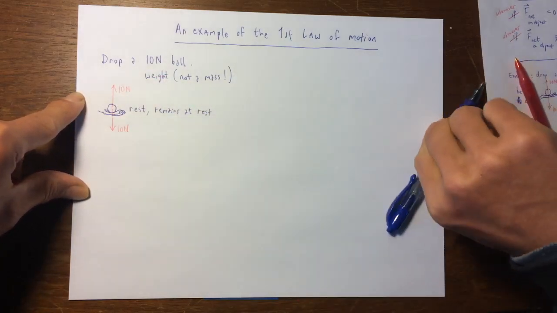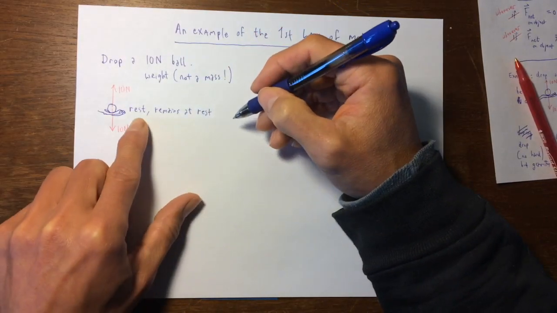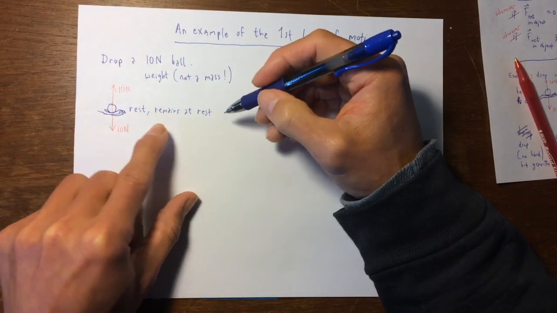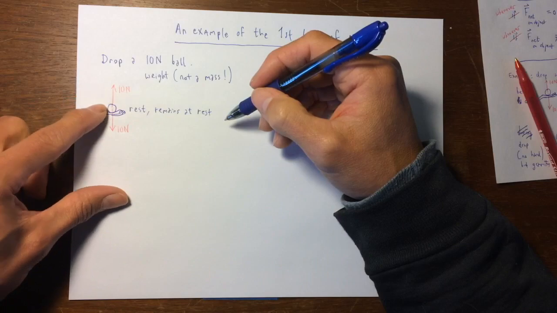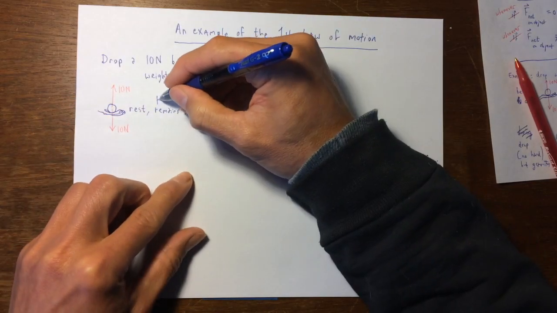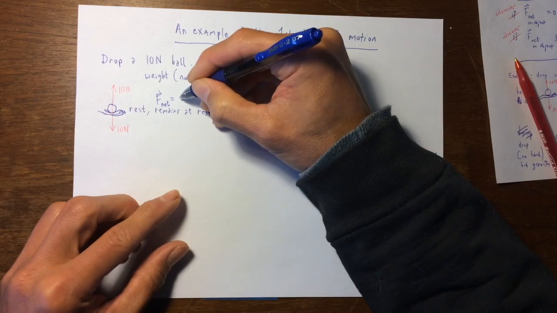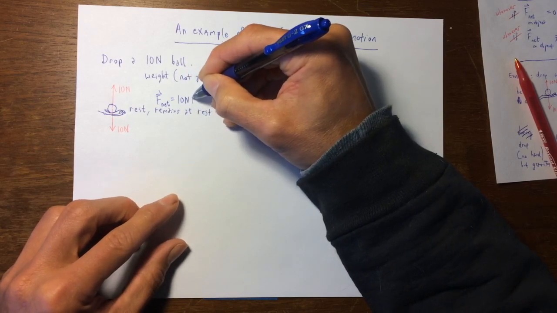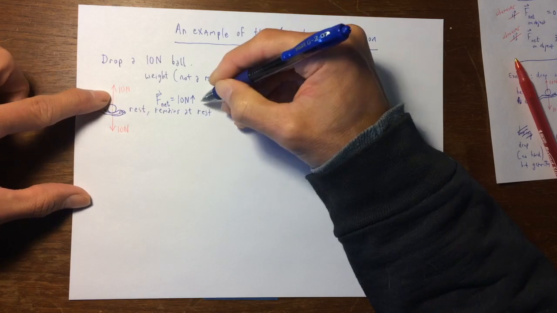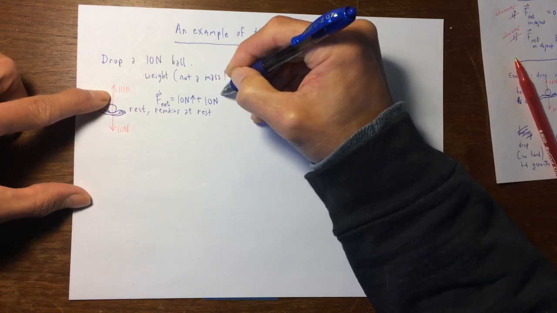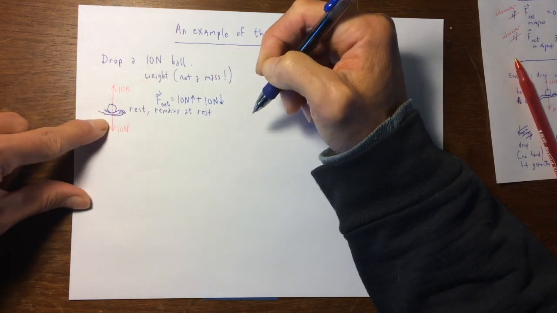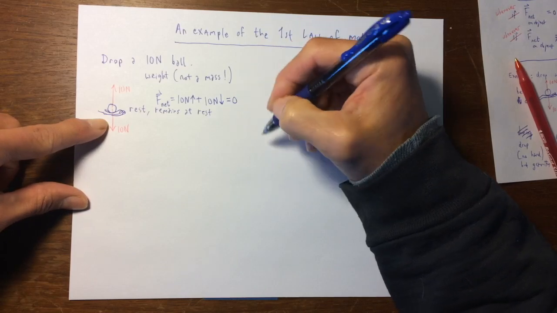In this case, because the motion is at rest, we can also say F net is equal to 0. So F net on the ball is 10 newtons upwards, that's the support force, plus 10 newtons downwards, that's the weight force, and that adds up to 0.